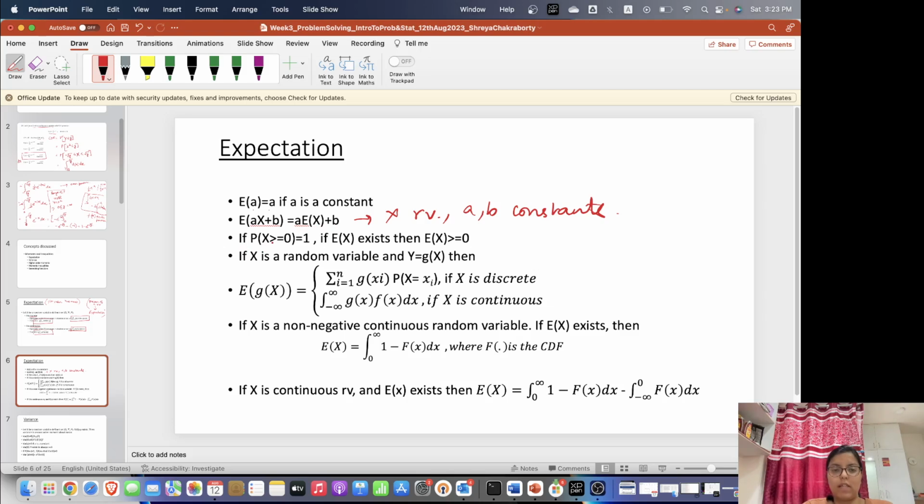Also, if probability x greater than or equal to 0 is 1, it means that if there is a non-negative random variable and if the expectation exists, then the expectation of that random variable will also be non-negative.